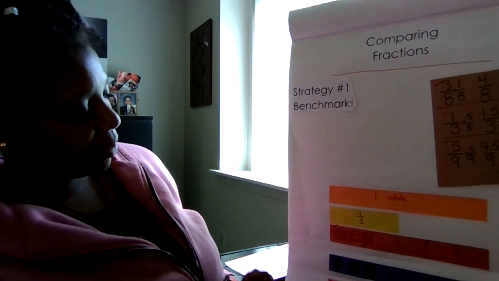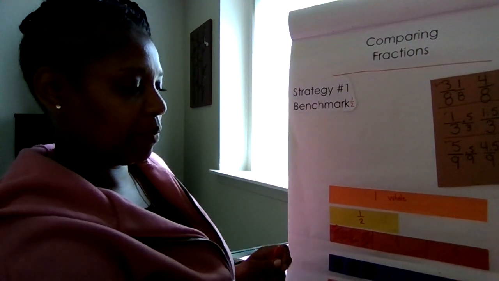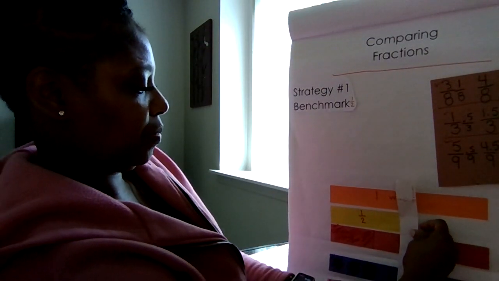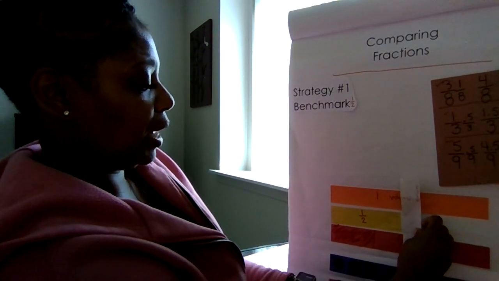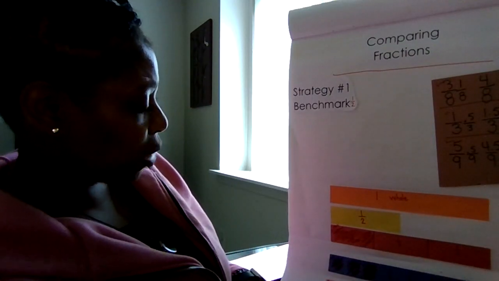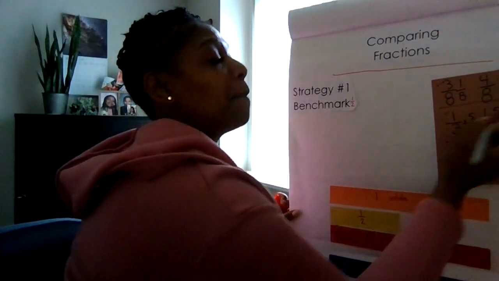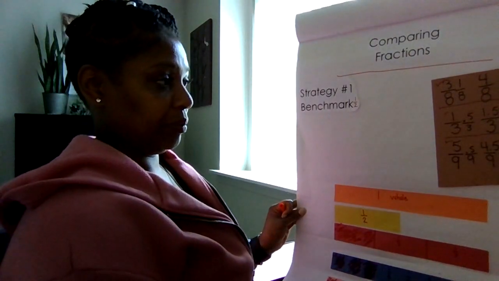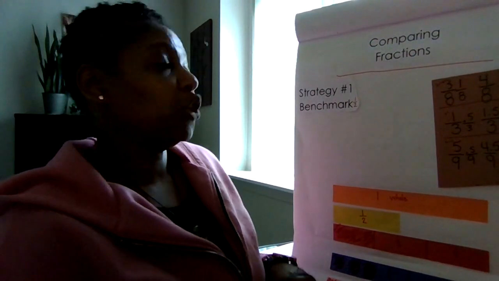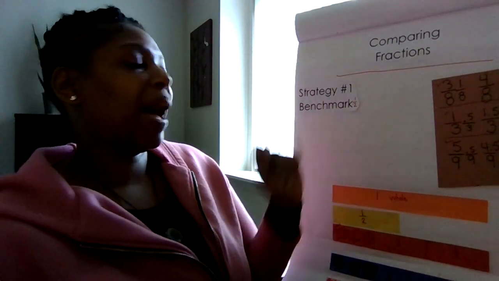See if we can compare that to the half. Let me see. Look at that. That math is equaling what we drew in our model. It is 0.5 more. And that is strategy 1, using benchmark to compare fractions by half.